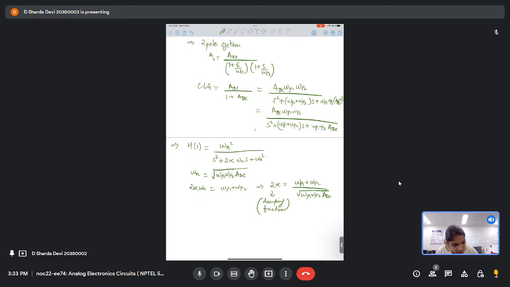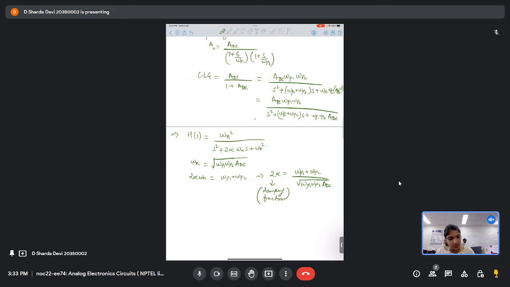So omega n square is omega P1 omega P2 times ADC, and 2 alpha is this expression.